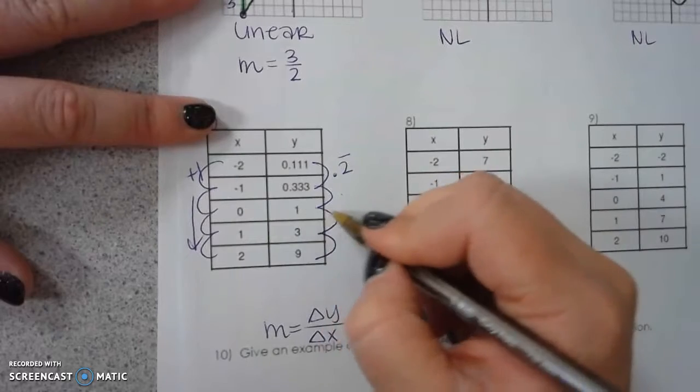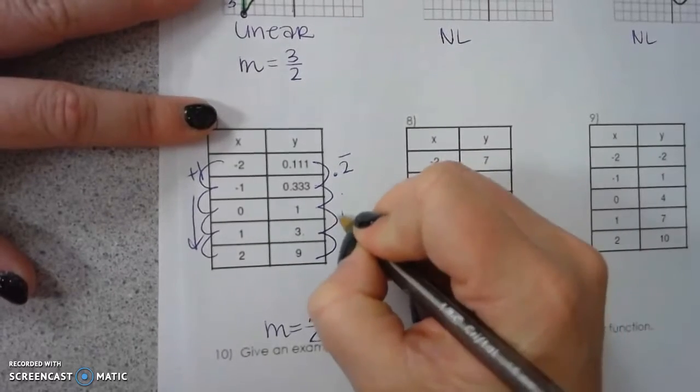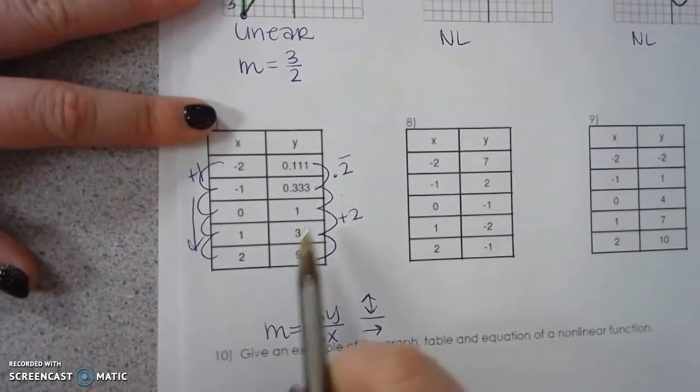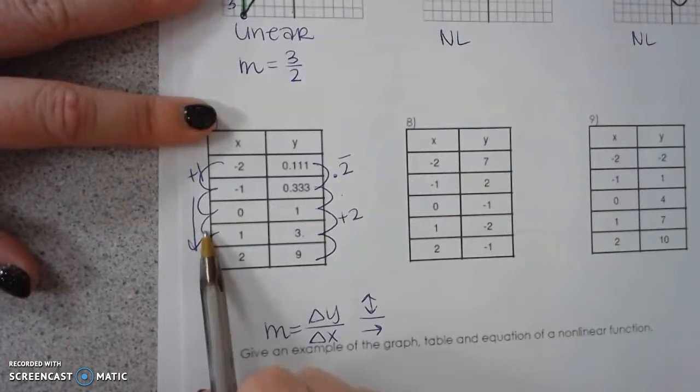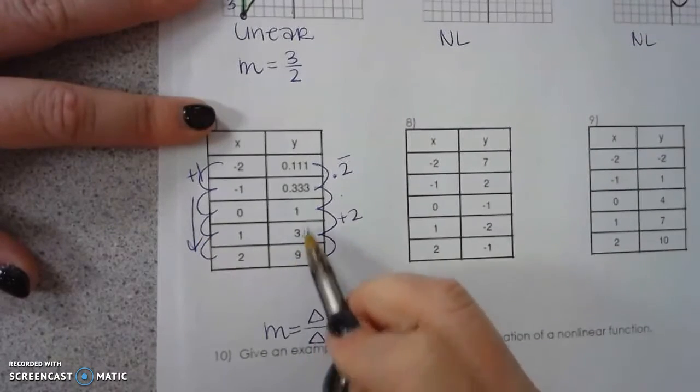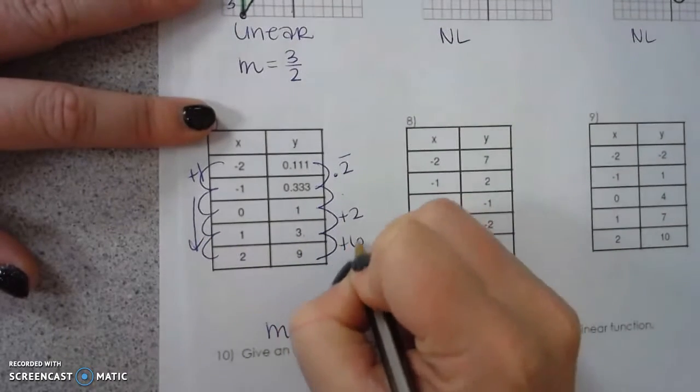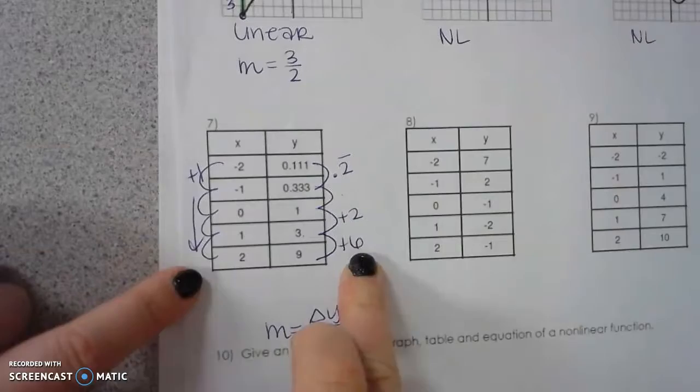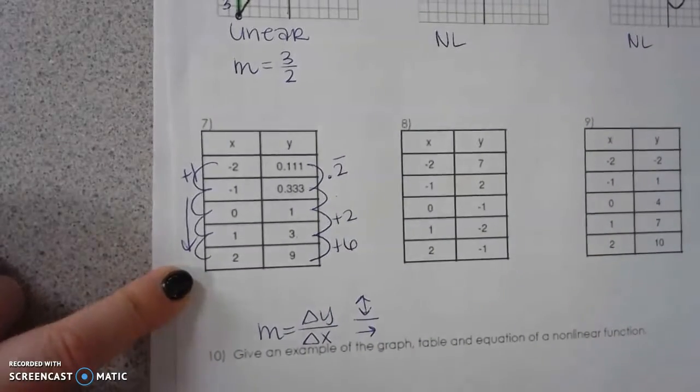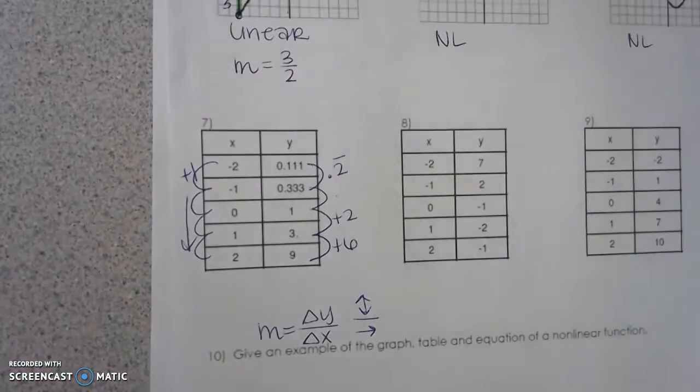And you can even see here, from 1 to 3, I'm going up 2. So my slope right there is 2 over 1. And then my slope between these points, 3 to 9, is 6. And this point has a slope of 6 over 1. So you could totally ignore the decimals there if that's confusing to you.